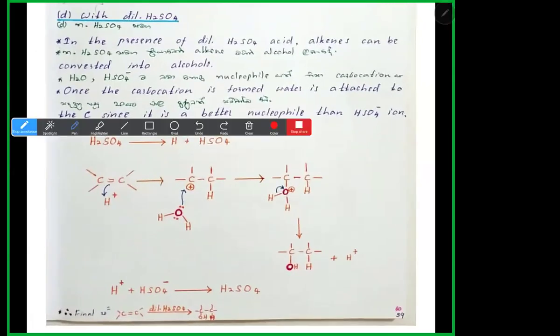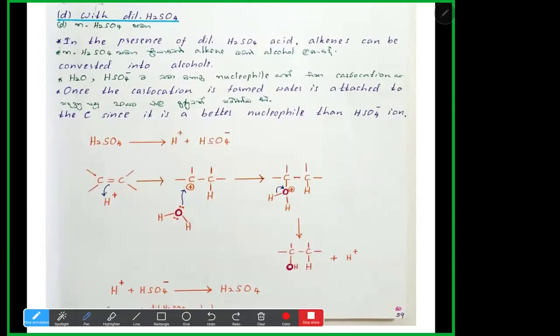In dilute H2SO4 medium, you have H plus and OH minus coming from the medium. The H2O reacting with this H plus can make H3O plus. So water has the ability to polarize this H2SO4 to get this H plus away. So the medium has this free H plus.